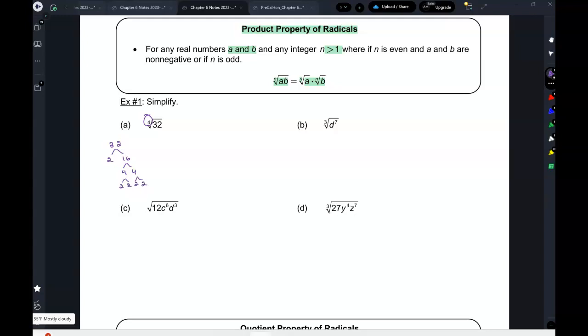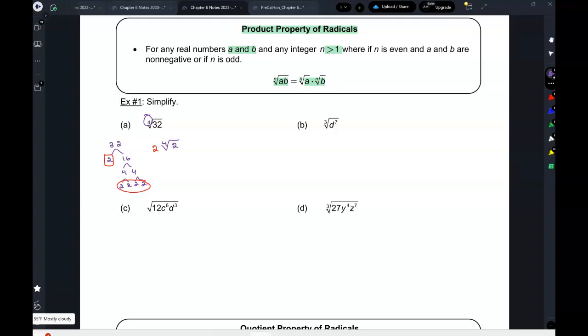Now, if the index is 4, that means we have to group these by 4. So this group of 4 2's comes out as a single 2. That other lonely 2 stays inside. So we have the fourth root of 2. One group comes out as a single 2.